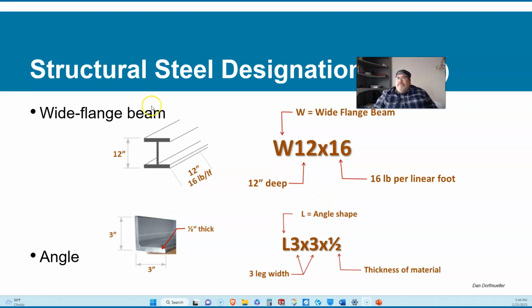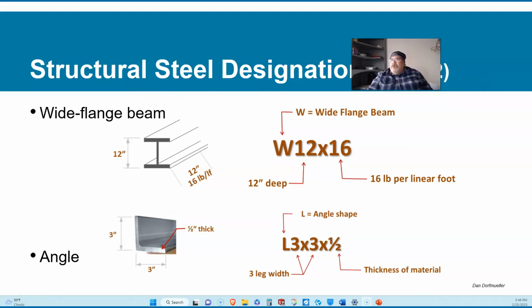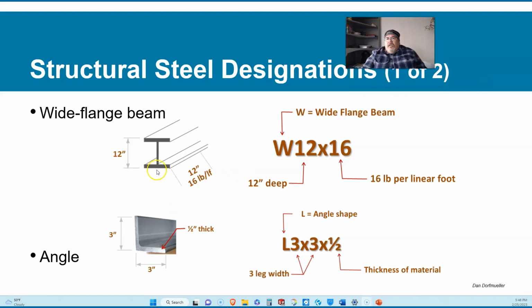So you have structural steel and your designations. The height of this material is 12 inches. So this is considered a wide flange beam, and it's measured from one flange, one flat surface, to another, 12 inches in height.